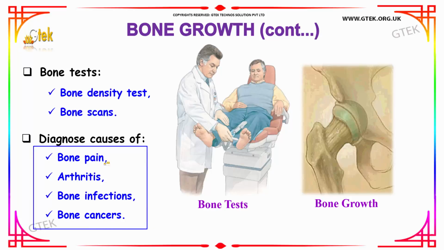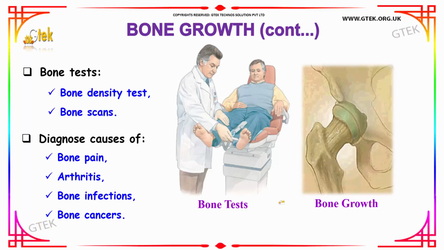We can identify if there is bone pain or if there is arthritis. We can also detect whether the person has any bone infection or if there are bone cancers located in the bone cells. So these problems can be diagnosed by performing the following tests.